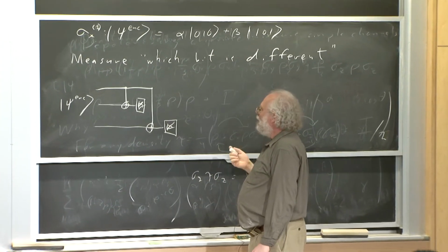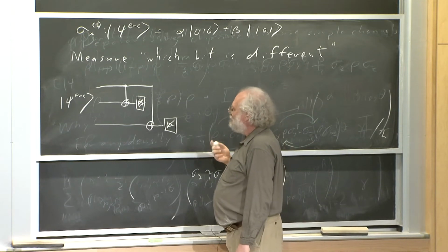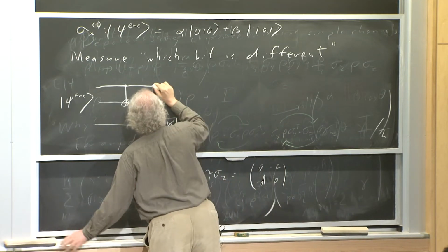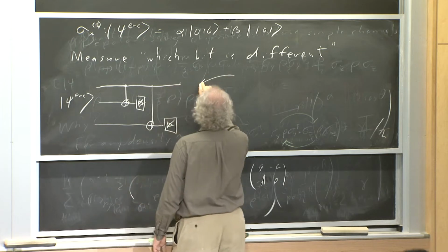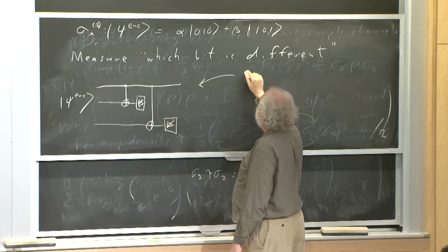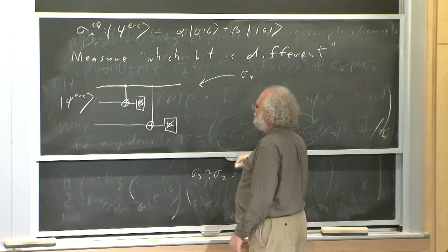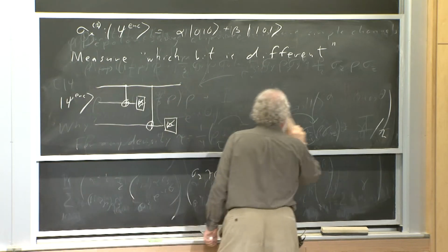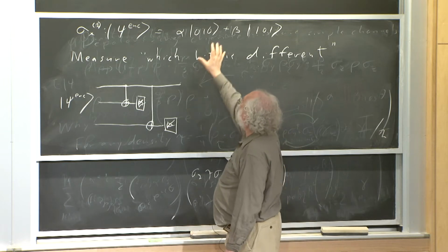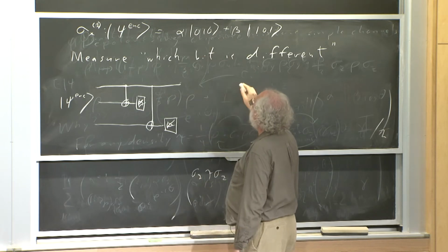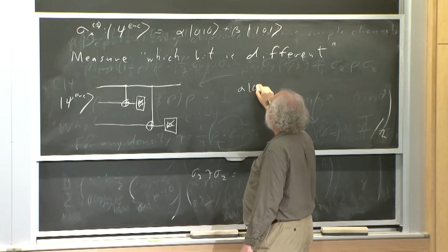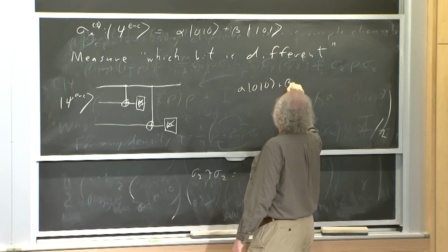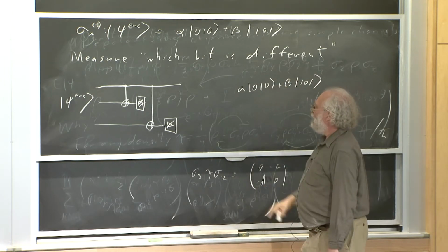And now, what happens if you made an error there? Suppose you put alpha 0, 1, 0 plus beta 1, 0, 1 into that circuit.